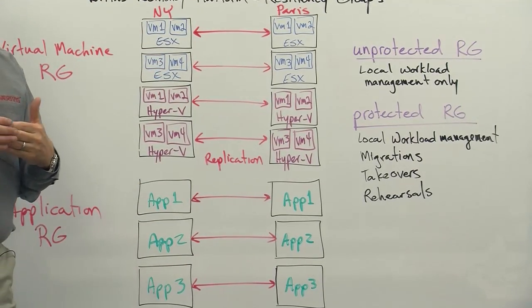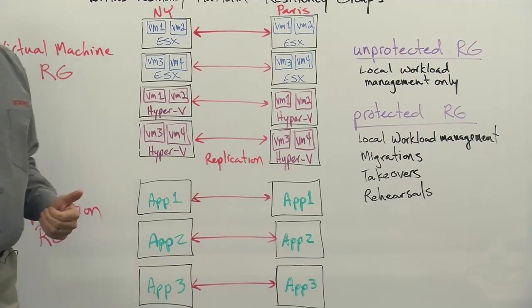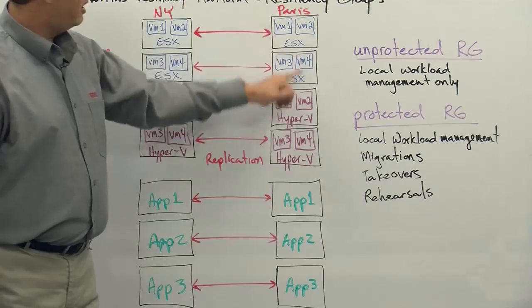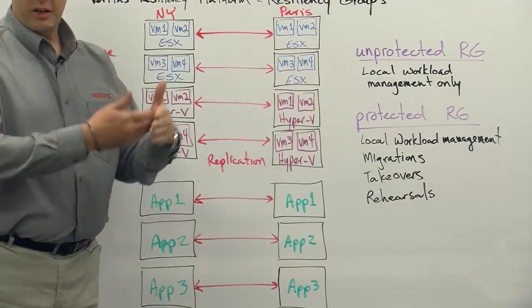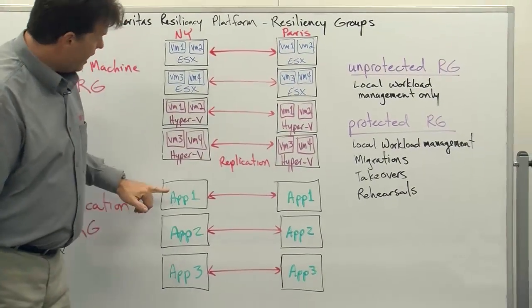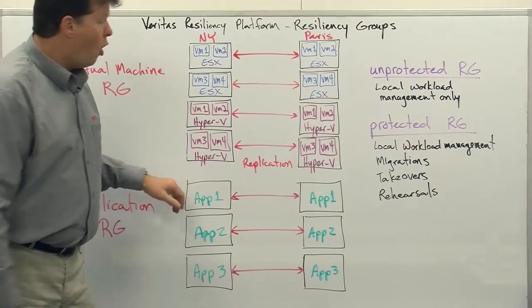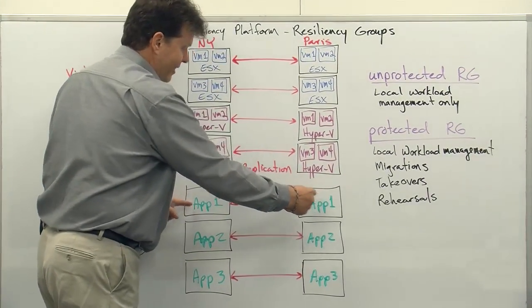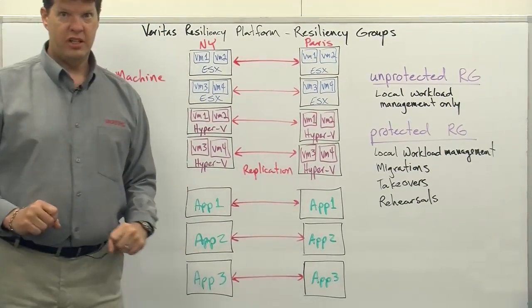Once we initiate the process to go to a protected resiliency group, we are discovering the replication. We're discovering the like components at the other side, and we get it presented to us so we can verify. If we're doing it at the application level, we must choose the application at the other site and add them both into the same resiliency group.